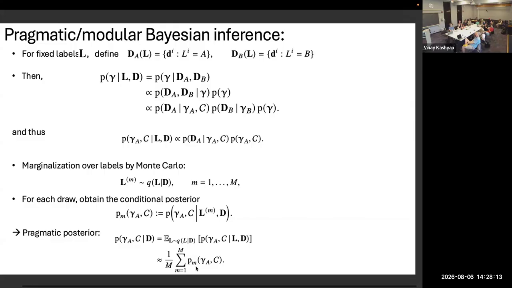So this is basically the new posterior approximation that we have. All of this is justifying the pragmatic posterior distribution. Exactly. It's obviously the right thing to do if you knew this other model, which you don't know. Exactly.